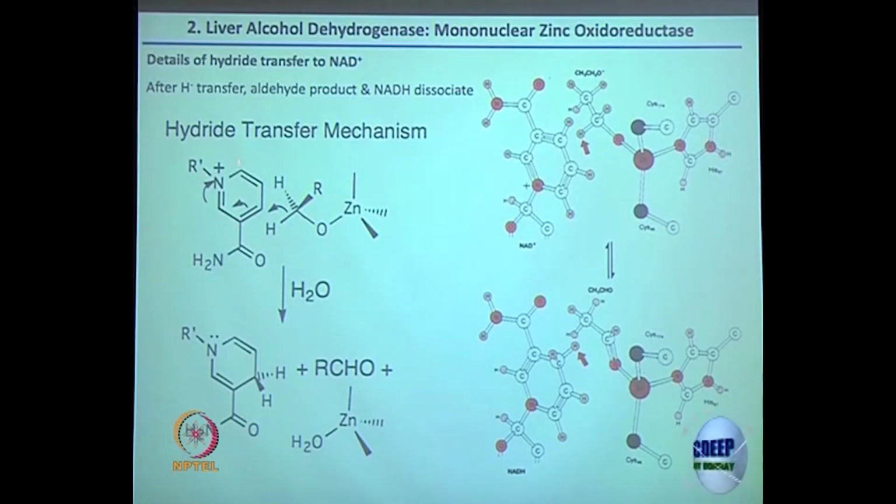This is the center which is helping, and the enzyme is a zinc enzyme, okay? The zinc center with three of them, with all those coordinates, and the alcohol binds in here, and the way alcohol is converted to aldehyde is shown. It is a hydride transfer mechanism, a simple organic reaction.